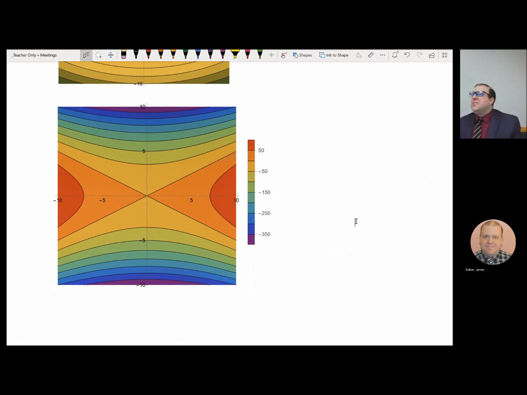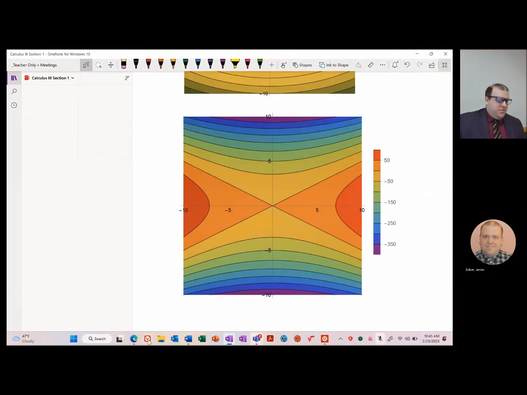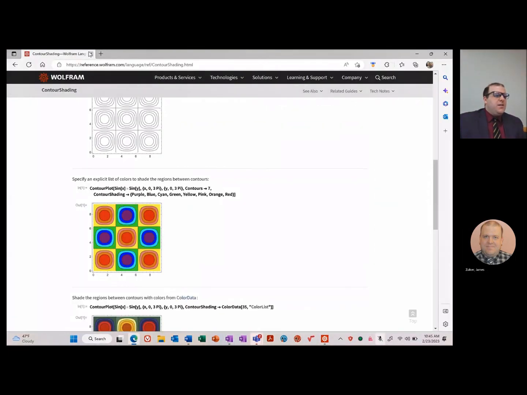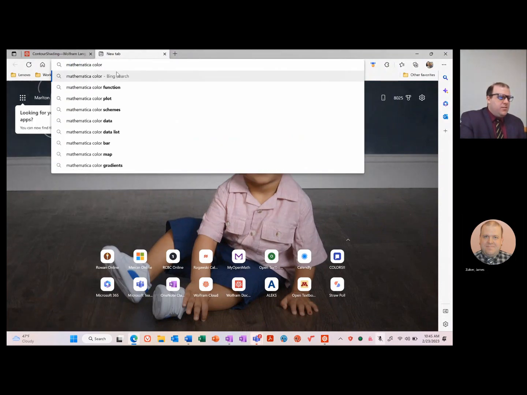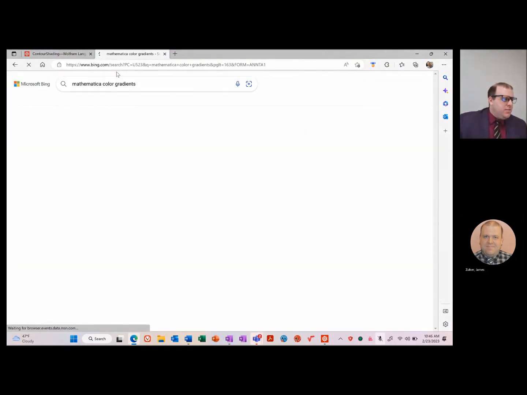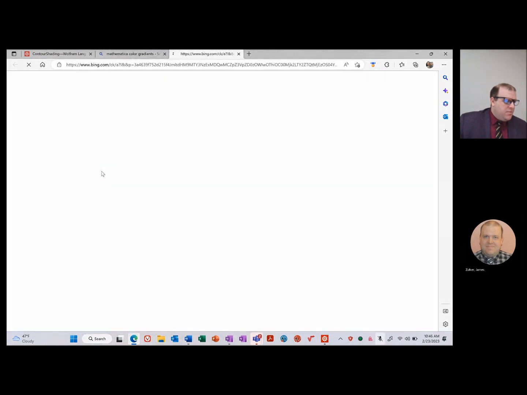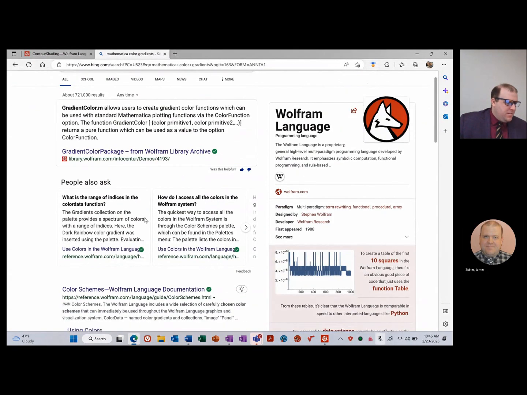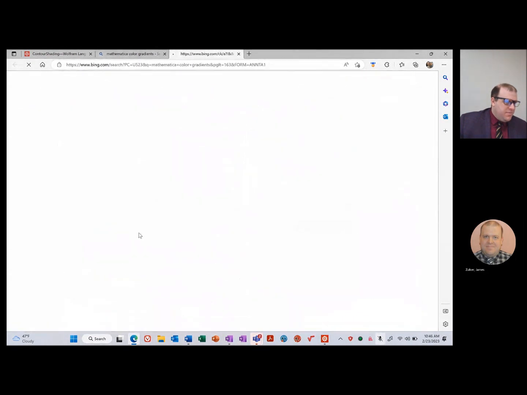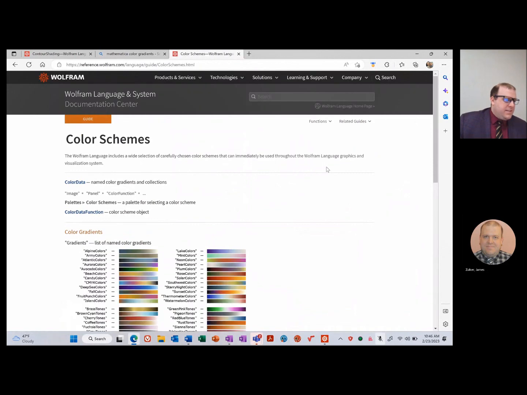Something's kind of boring. See if I can actually find Mathematica color. Nope, that's a package. That's not what I want. Yes, excellent. There it is.